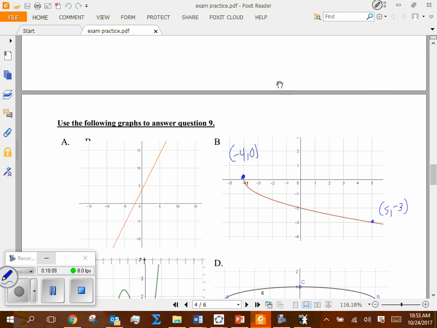Well, average rate of change is the change in y's, so 0 minus -3, change in y, so delta y, over delta x. Well, the change in my x's ends up being -4 minus 5, which ends up being 3 over -9, so it becomes -1/3 as your average rate of change.